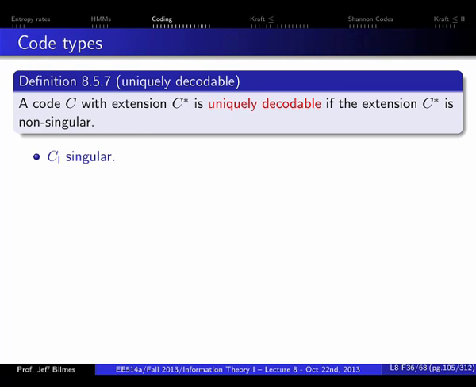Even if we look at individual source symbols, both x1 and x2 mapped to the bit string 0. And if we extend C1, of course that would also be singular. Now C2 is also, I should say, not uniquely decodable. I mean, the extension of it is singular.